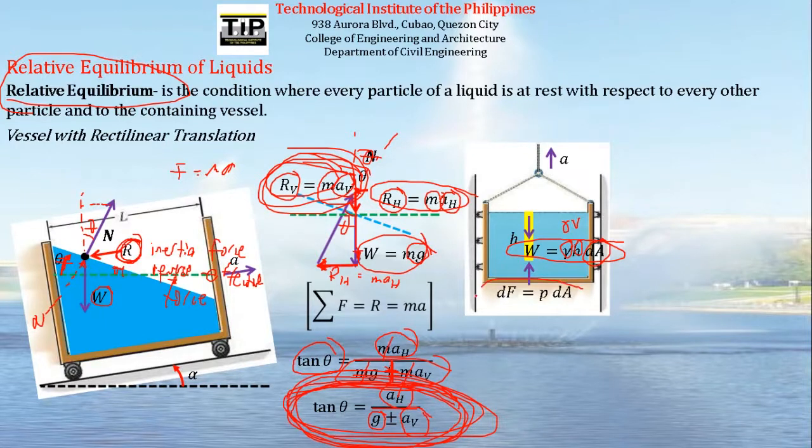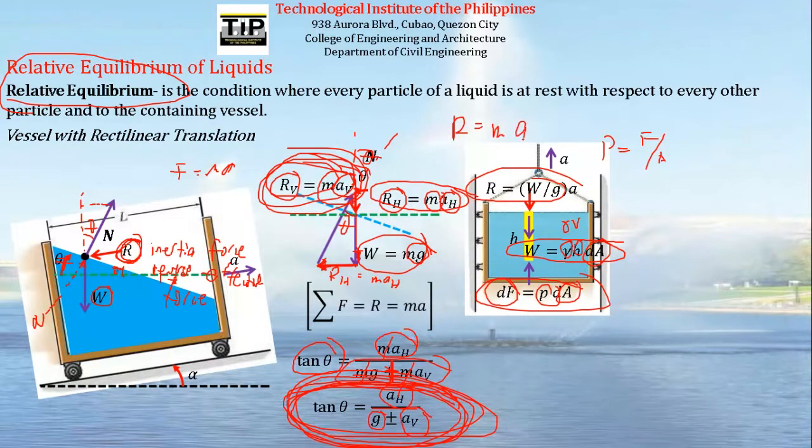Now this will be counteracted by the force. So we have force equals pressure times area from the formula P equals F over A. And what is the last force? We have R, or the reverse effective force, which is equal to mass times acceleration.